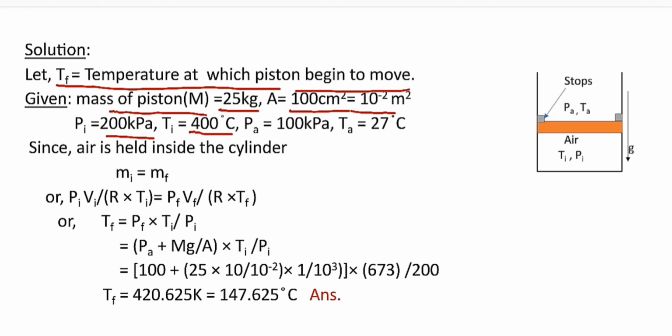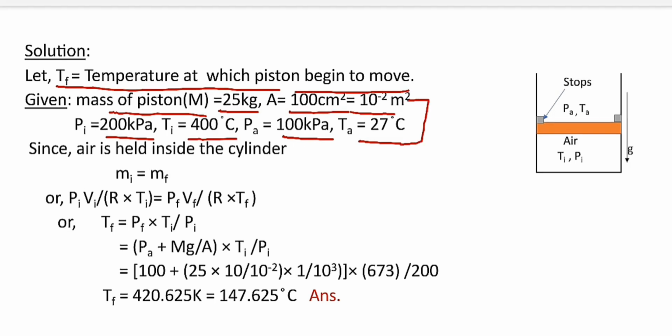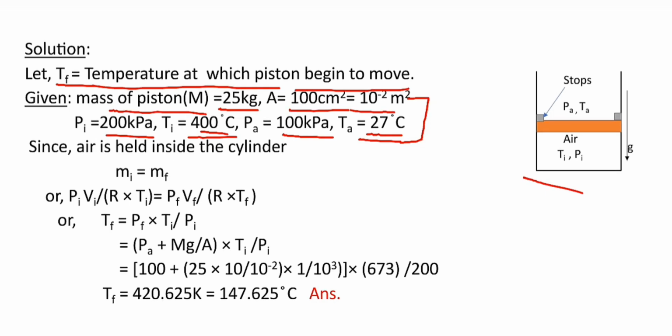Also the ambient pressure Pa is 100 kilopascal and ambient temperature is 27 degrees Celsius, and all these values are given in the question. According to the question the cylinder is non-insulated and the ambient temperature is less than the air temperature, so heat transfer from the air will take place to the surrounding, and at some point the piston will begin to move, and at that point we have to find the temperature.